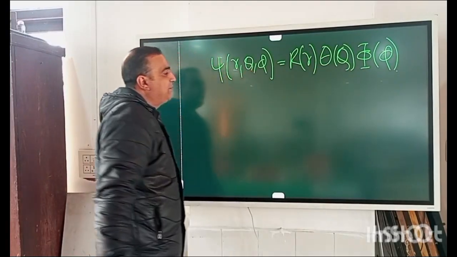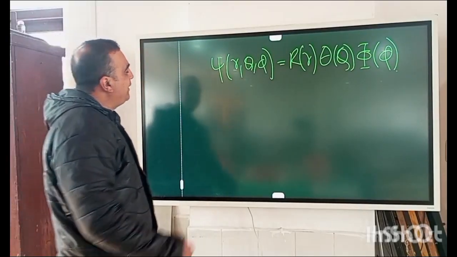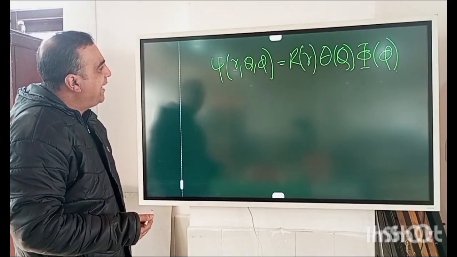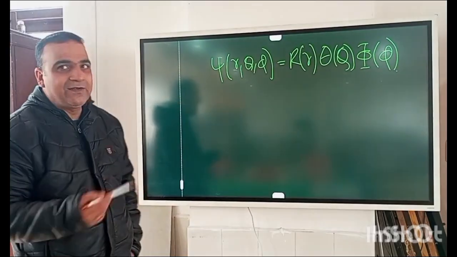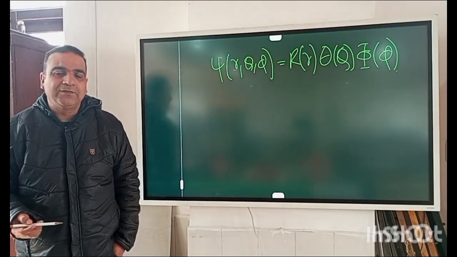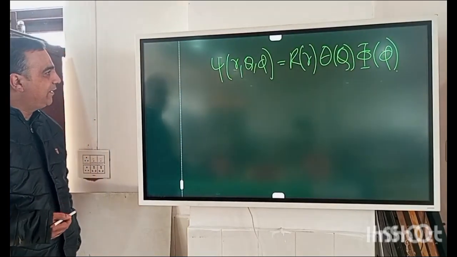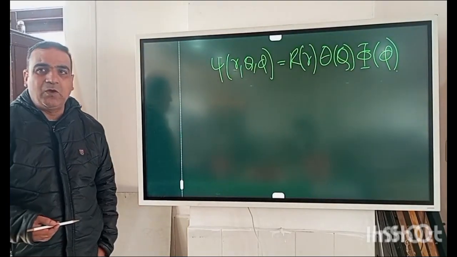Now what I am going to do is differentiate this equation and directly substitute those results in the Schrodinger's wave equation, which we have written down in spherical polar coordinates.